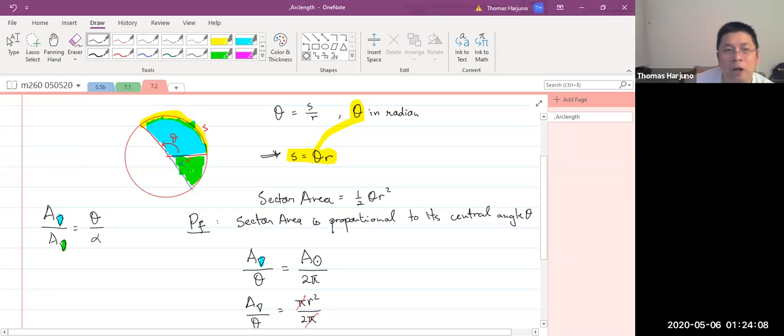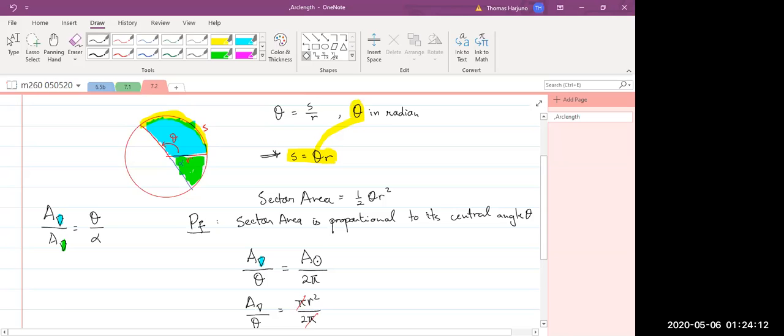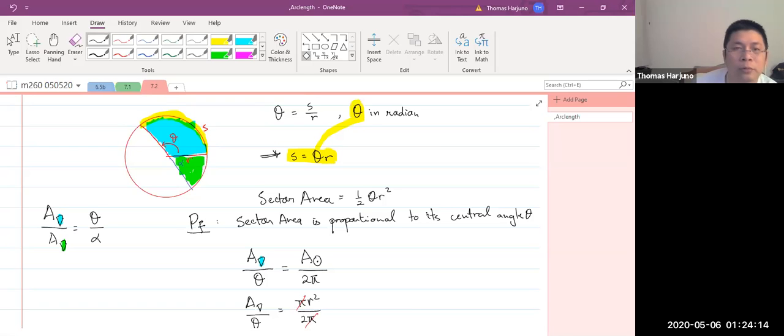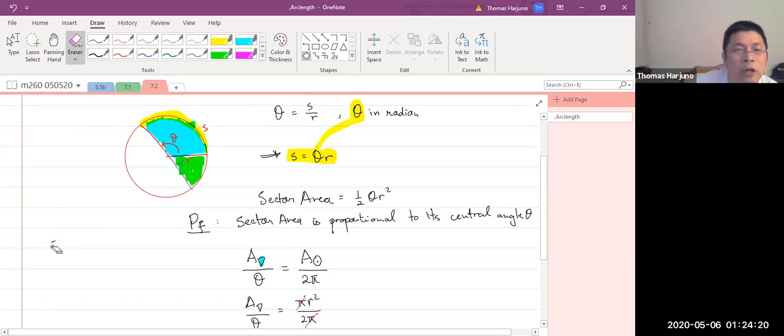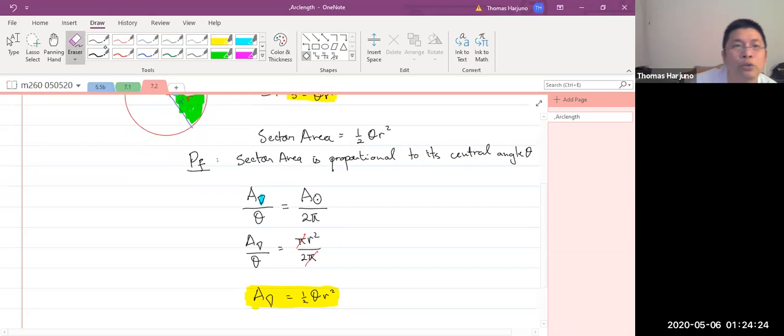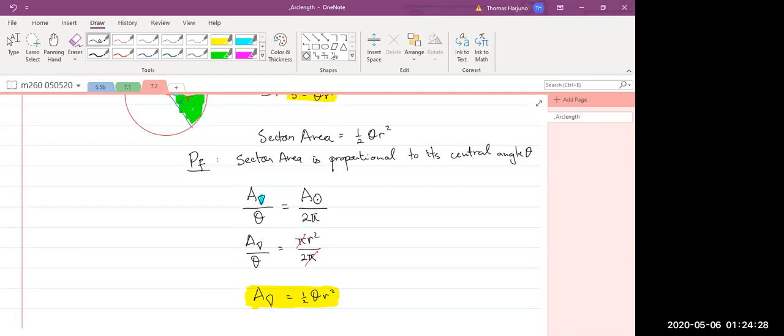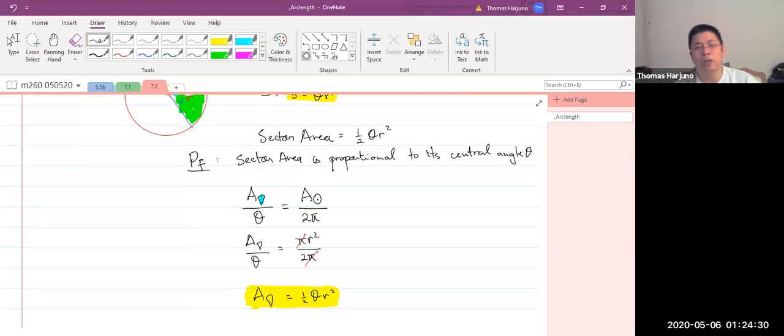The larger the angle, the larger the area, right? If you double the angle, then the area will double too. Does that make sense? So when I try to develop the area of a sector, I actually compare that with the full circle.